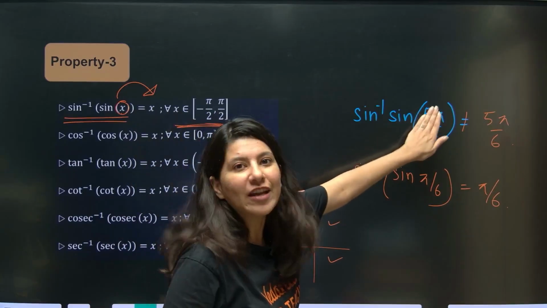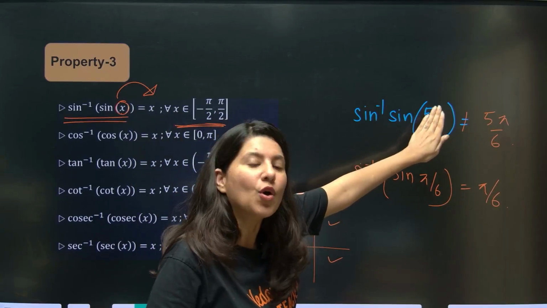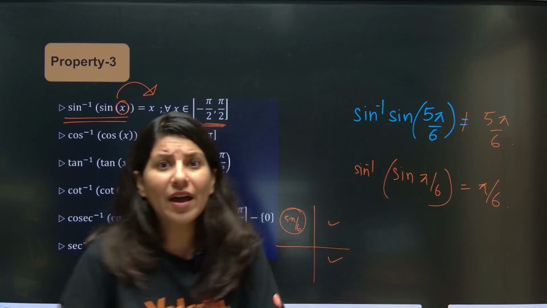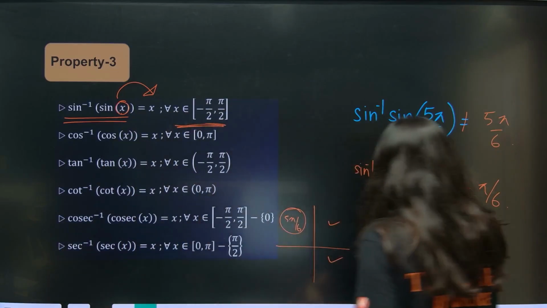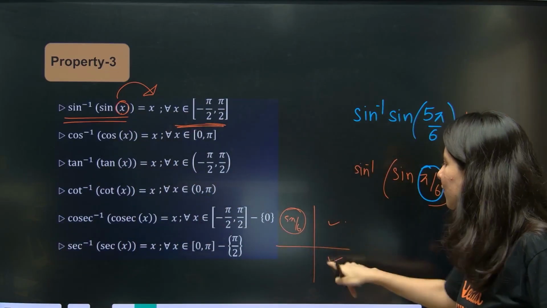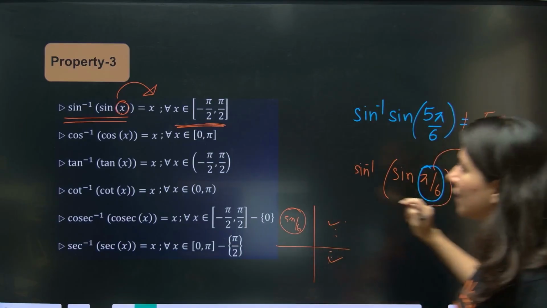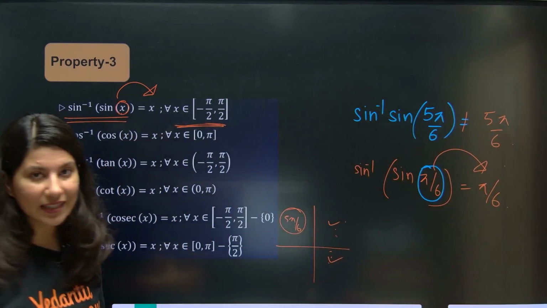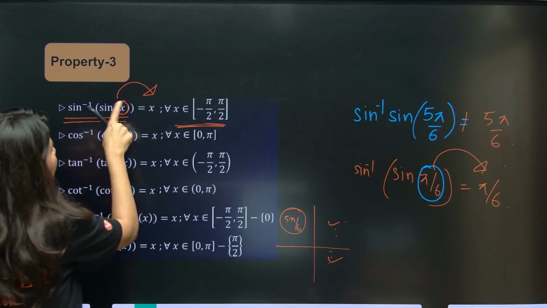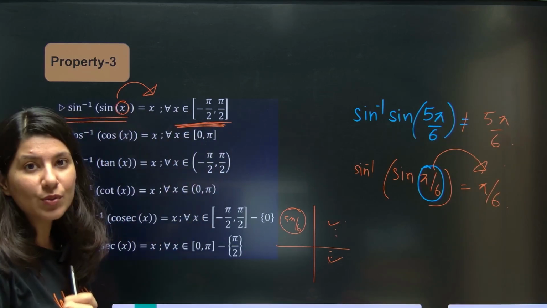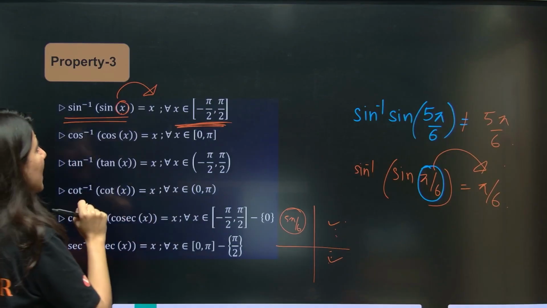Suppose instead of 5 pi by 6, the original question was pi by 6, then you don't have to worry, because pi by 6 is already in the first and fourth quadrant. So directly you can write this. Property number 3 says that sine inverse sine x will become x if your x is lying in the principal values of the range of sine inverse.